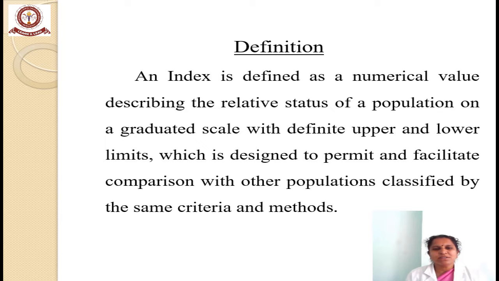The number is graduated, that is, it always has definite upper and lower limits. Such as a 15 centimeter scale where 0 mm is the lower limit and 15 centimeter is the upper limit.